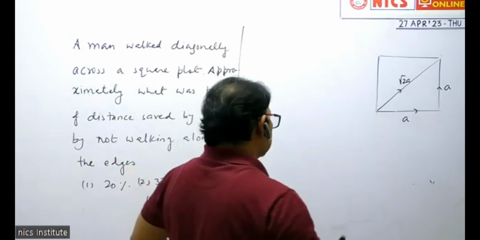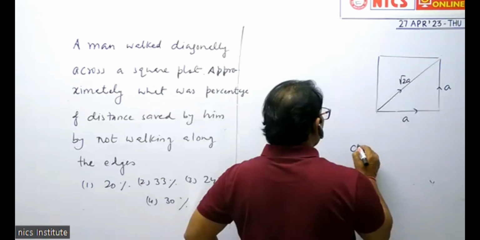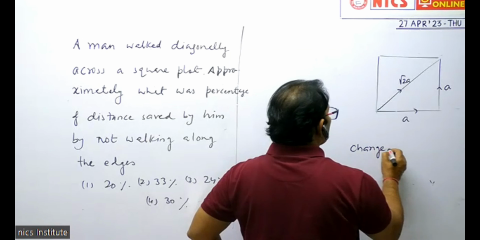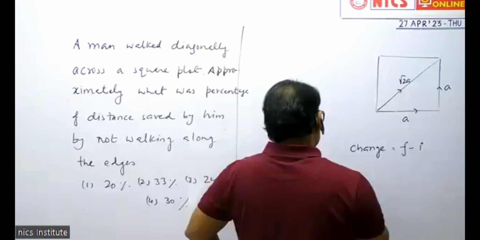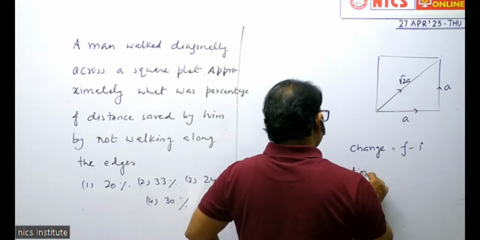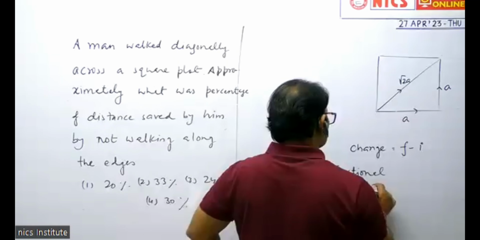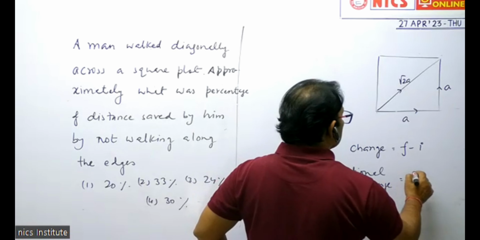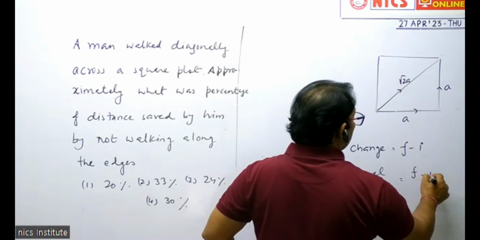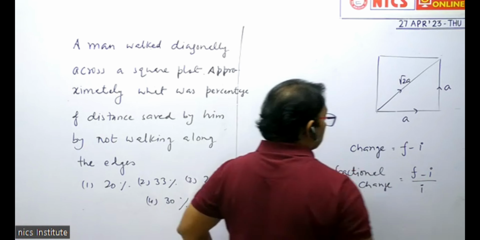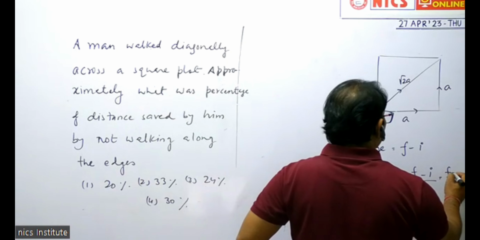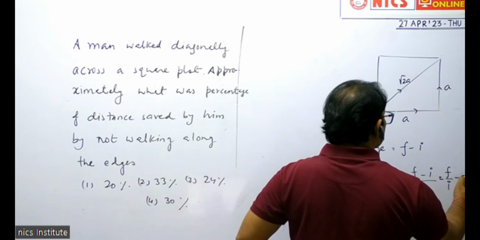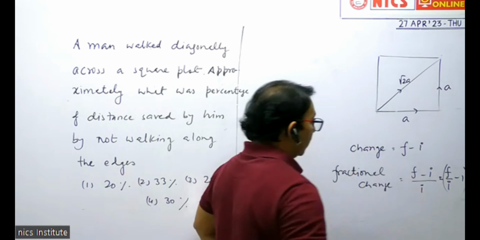Remember that percentage change in any quantity is always final minus initial. Fractional change is always final minus initial by initial. You can also write this as F by I, I is for initial, F is for final.